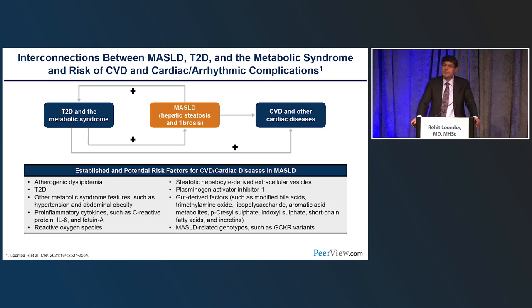There are other factors also associated with pathogenesis of MASLD and its progression, particularly related to dysbiosis, also activation of LPS-related toll-like receptors in the liver, leading to recruitment of macrophages, causing activation of stellate cell and fibrogenesis.